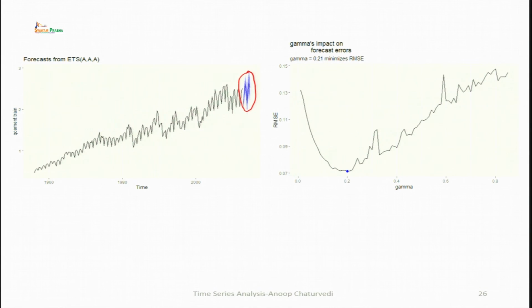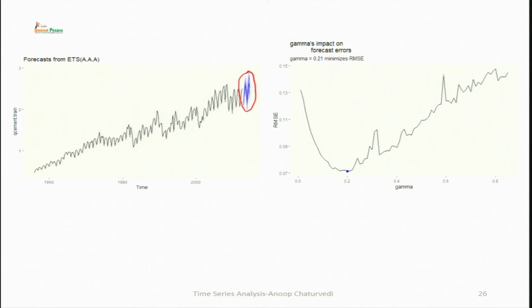So, when you are applying the simple exponential smoothing procedure, it does not take care of trend as well as seasonality. So, you get the worst forecasts, you get just flat forecasts.